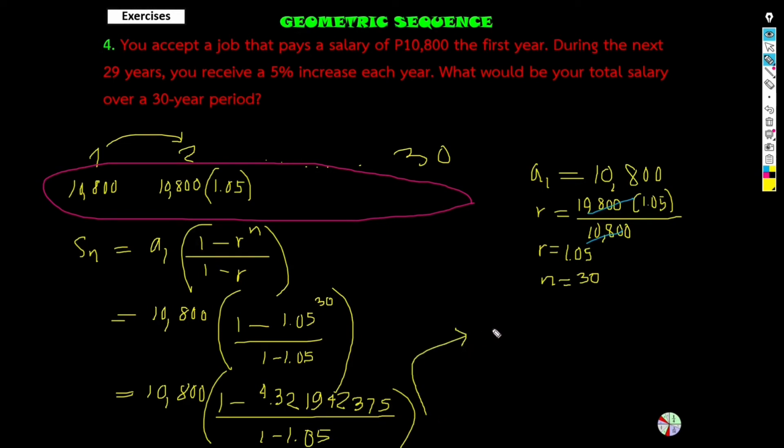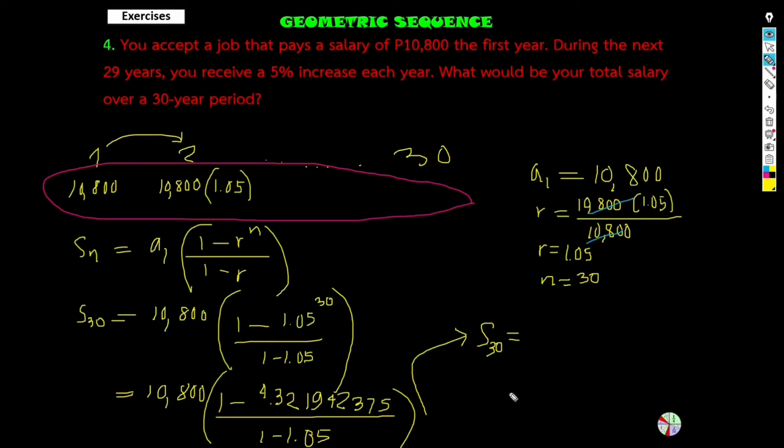S sub n is just S sub 30. Okay, S sub 30 is equal to, let's use the calculator.